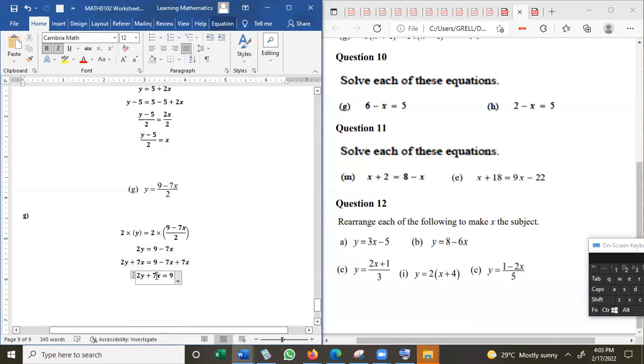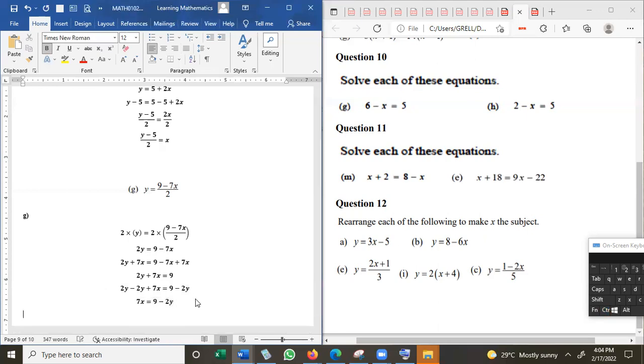So now we have a positive 7x on the left, and we're going to subtract 2y on the left, and subtract 2y on the right. That will cancel out 2y from the left. We are left with 7x on the left equal to 9 minus 2y.